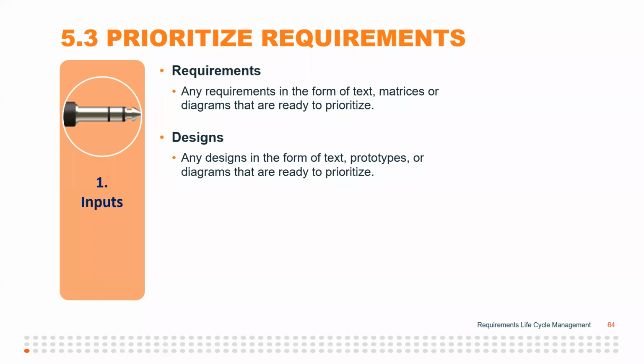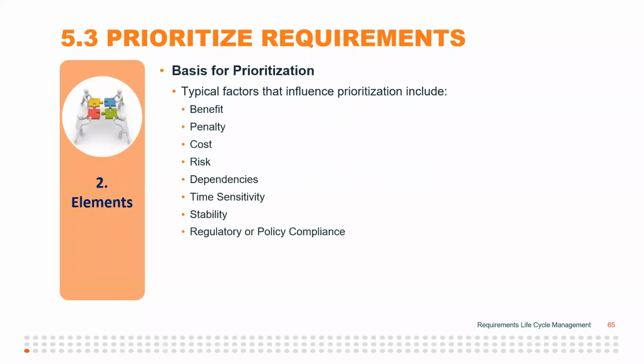All right. And so some of the typical factors that may form the basis for prioritization could be benefit, penalty, in other words, penalties for not implementing that requirement right away, cost to implement it, risk, various dependencies.